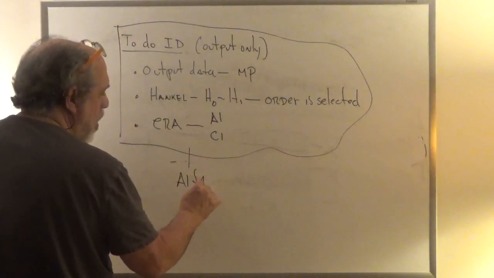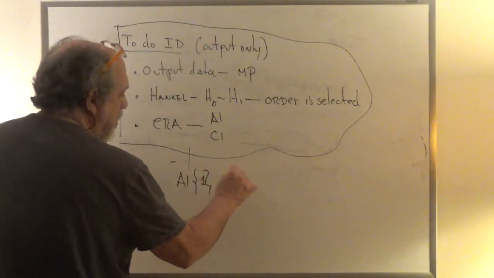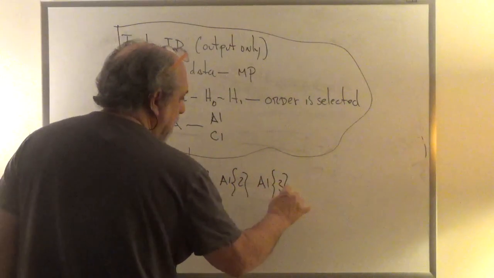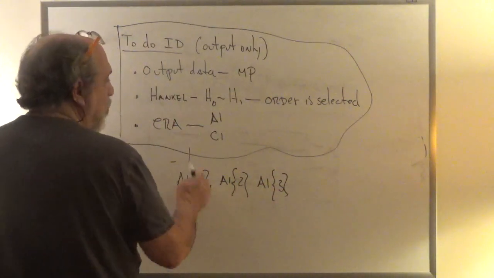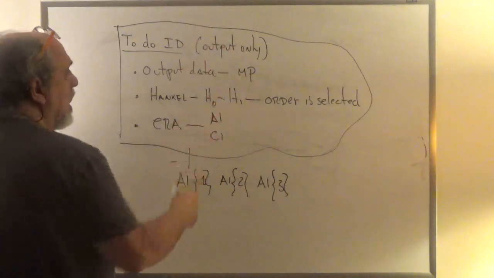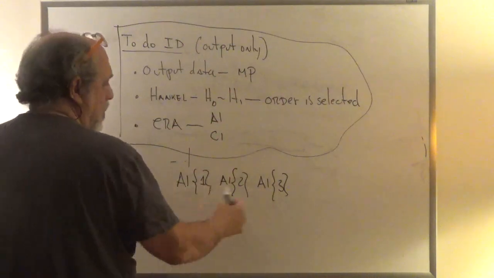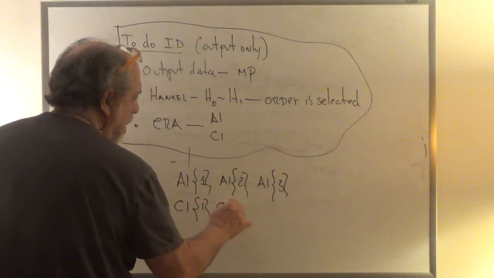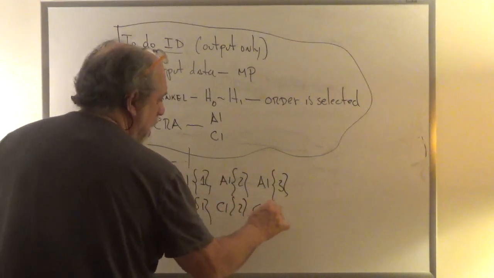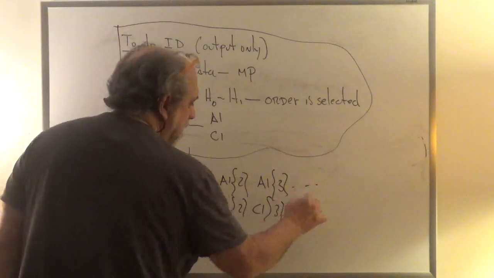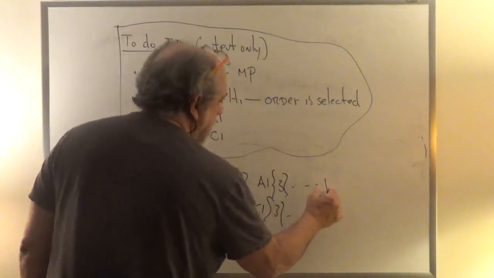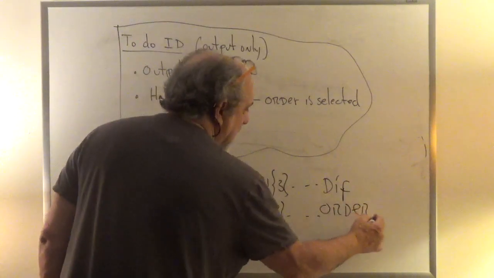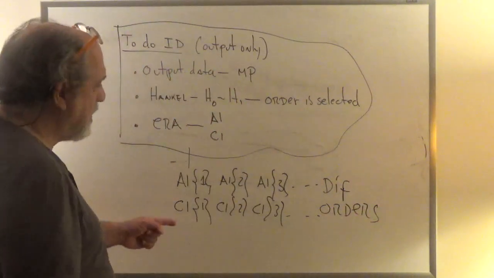You should have A1,1, A1,2, A1,3, etc. All of these A1s are for different orders, okay? And you should have C1,1, C1,2, C1,3, etc. for different orders. They should be in cells.